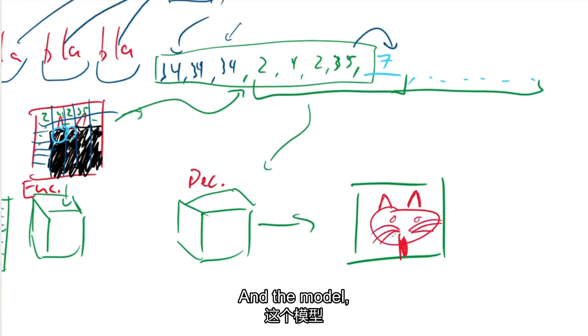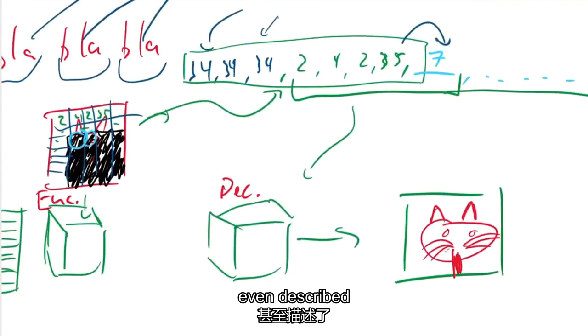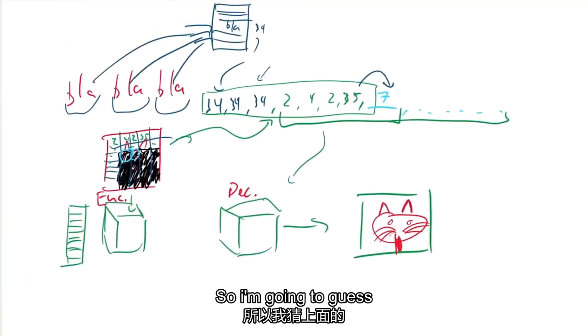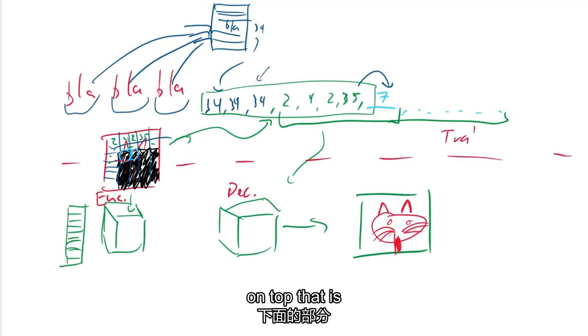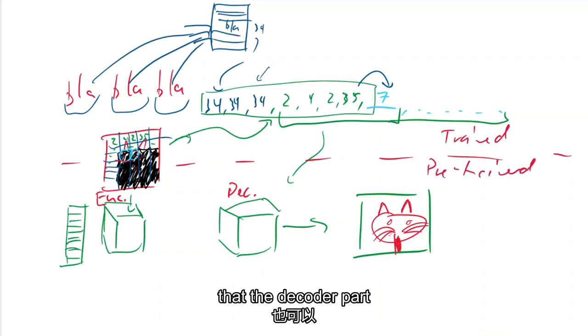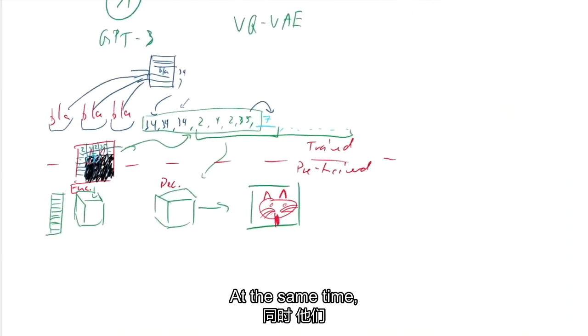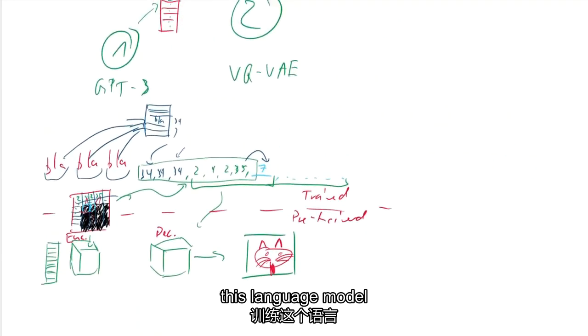And maybe in these hieroglyphs it's even described how the cat looks: the cat looks straight ahead, it has whiskers, it has eyes, and so on. Okay, so I'm going to guess that the part on top is trained, and the part on the bottom is pre-trained, with the option that the decoder part could also be trained at the same time they train this language model on top.